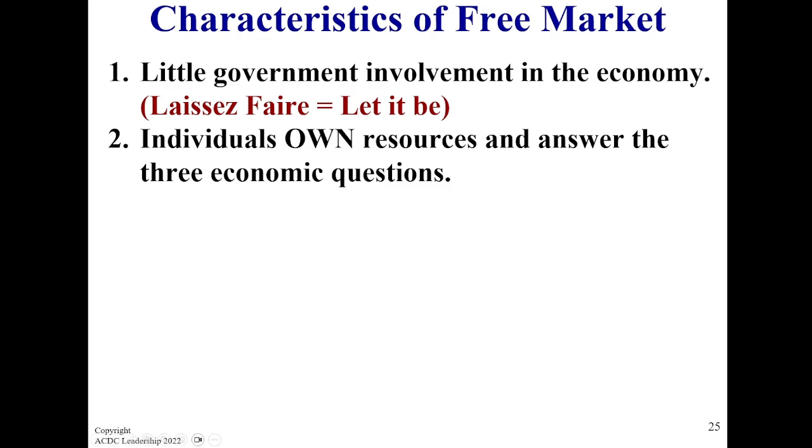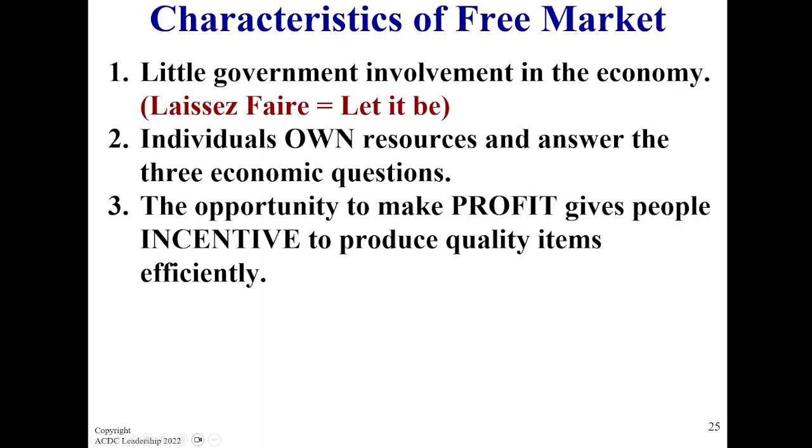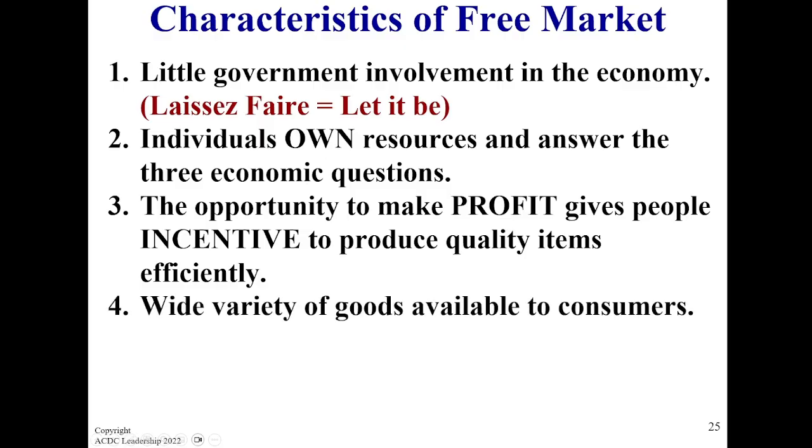So the opportunity to make profit gives people incentive to produce quality items efficiently. And of course, because of this, there's competition. So there's a wide variety of goods available to consumers. For example, when you go into a store, there are so many different types of bread.